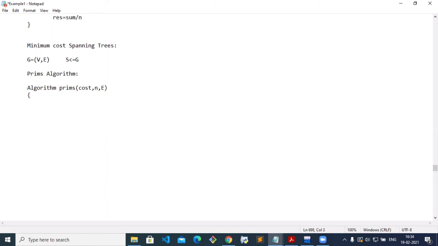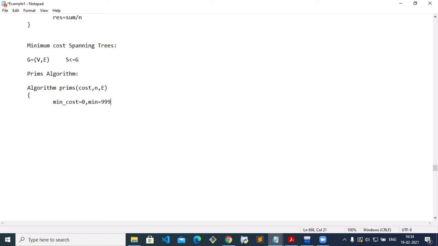First, initially, what I am doing is minimum cost is equal to 0, I'm assuming. And some min is equal to, when I don't know the value, I'm simply assuming it like infinity.